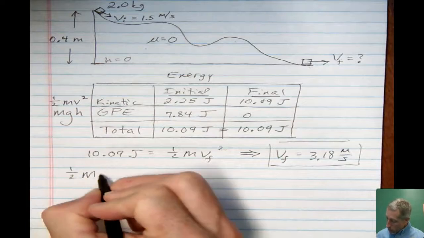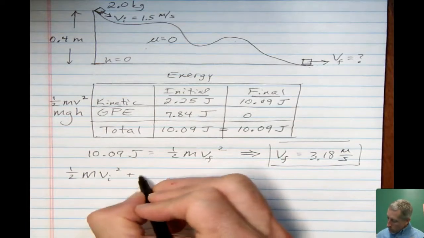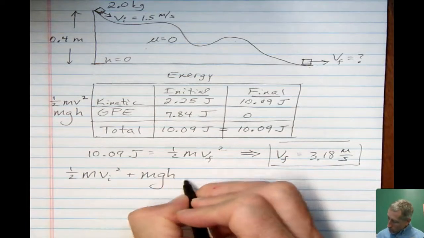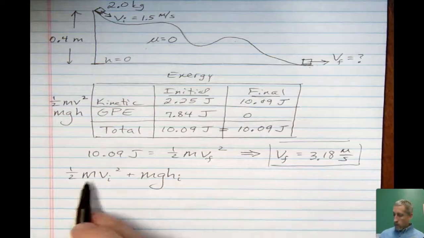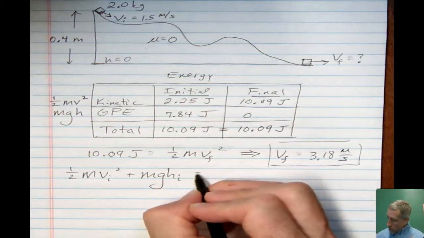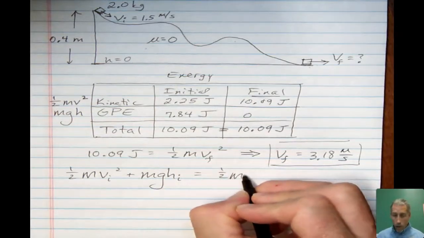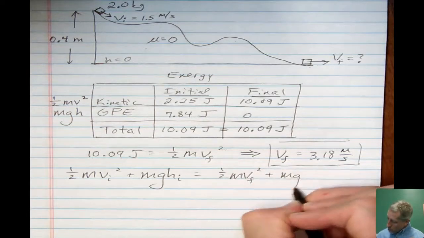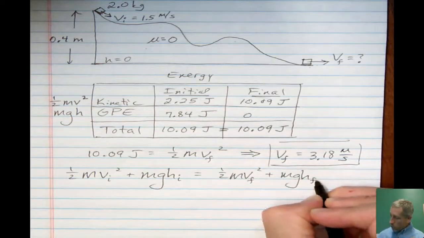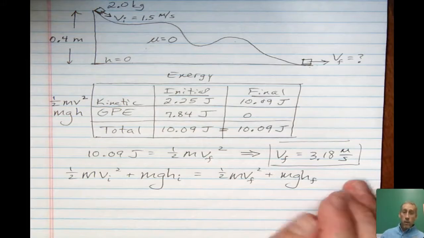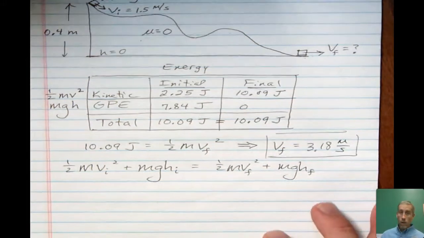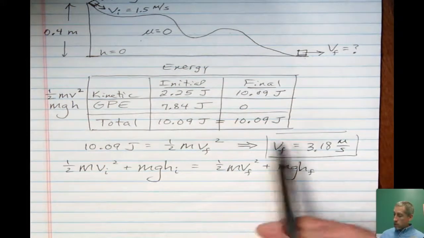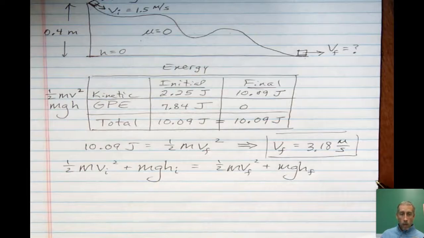This is 1/2 m v initial squared plus mg times the initial height. That's kinetic and potential. And then at the end, we have 1/2 m v final squared plus mgh, where h is the final height. Now in this case, we called our final height 0. It doesn't always have to be that way. Maybe we end up higher, or we just decide to call some other level 0.